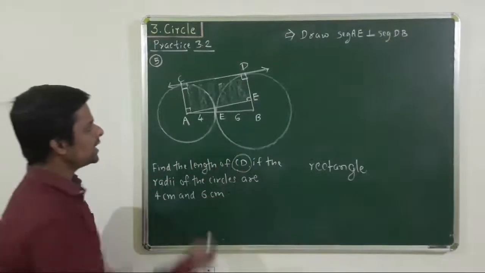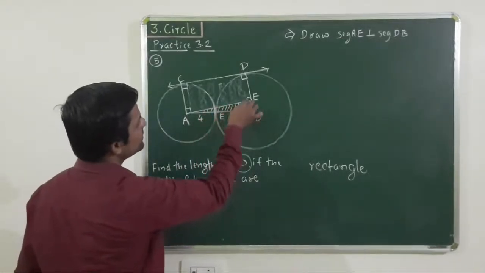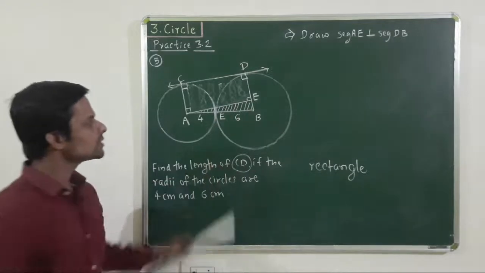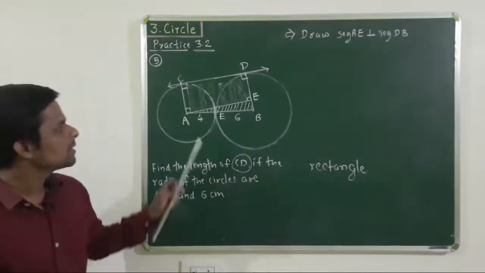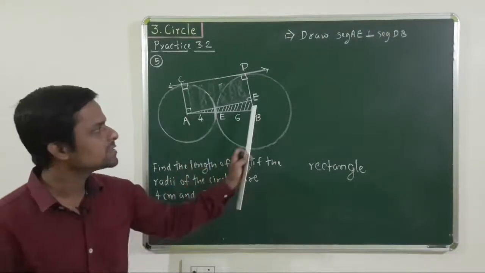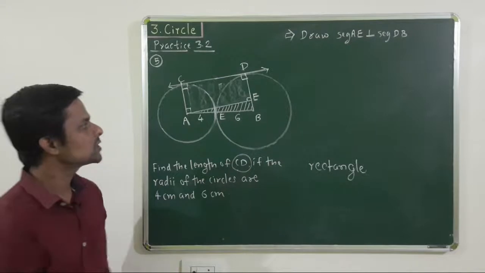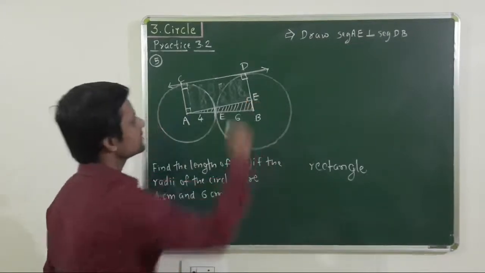Now to find AE, observe this triangle. Is it a right angle triangle? Triangle AEB. In triangle AEB, AB, the hypotenuse, is 10 centimeter, that is 4 plus 6. What about EB? That we'll find.